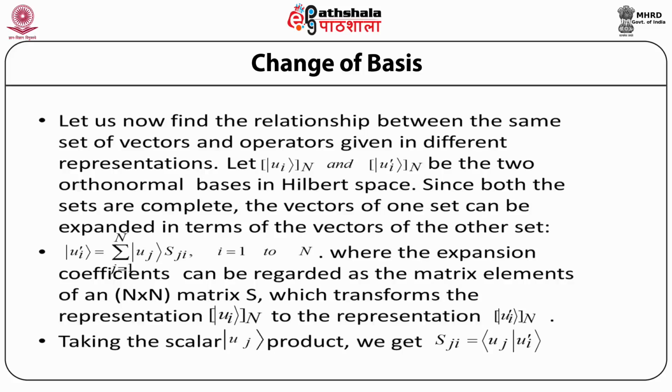So, if we want to represent the orthonormal basis u_i' in terms of the other orthonormal basis u_i, then we can do that through an expansion given by the ket vector u_i' is equal to the summation over j going from 1 to n of ket vector u_j times s_ji, for all i going from 1 to n, where n is the dimension of the space.